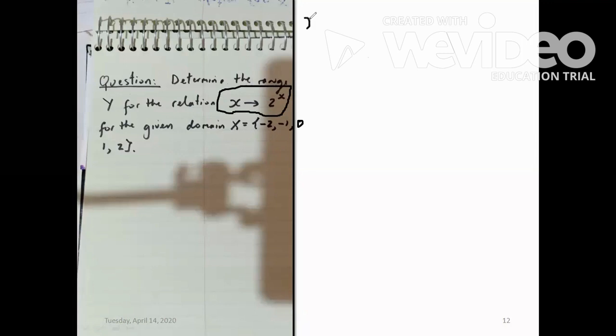So when x is negative 2, y is 2 to the power of negative 2.